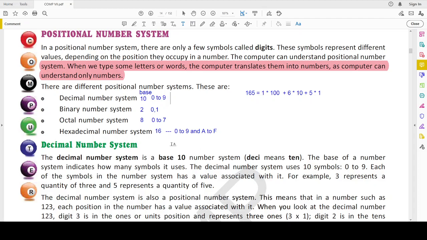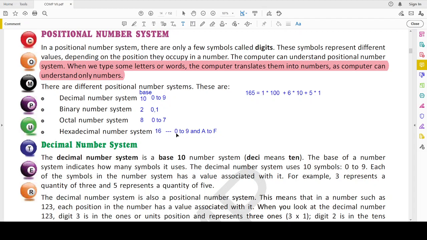For hexadecimal number system, the base is 16. Why is the base 16? Because there are 16 different digits or different symbols that are used in the hexadecimal number system.